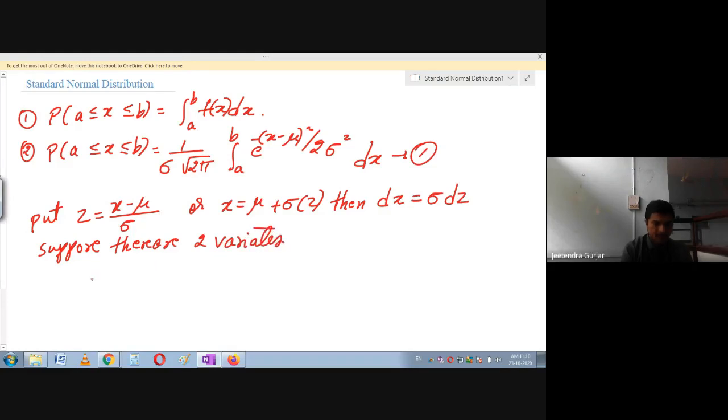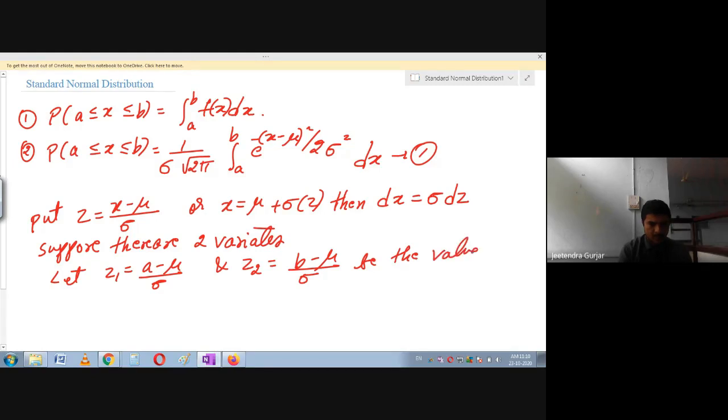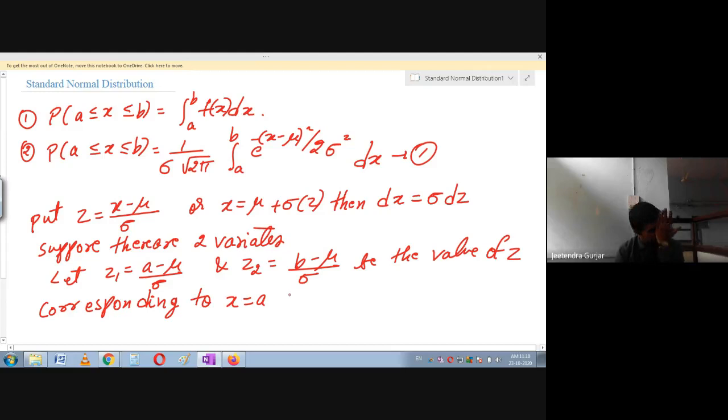We take z1 is equal to a minus mu divided by sigma, and z2 is the value of z corresponding to b. As you remember, the integration is from a to b, so these values will correspond accordingly.